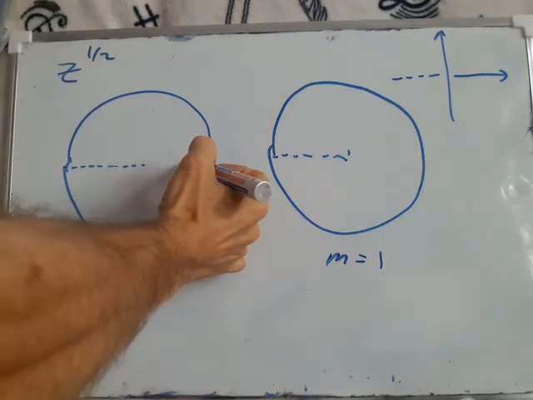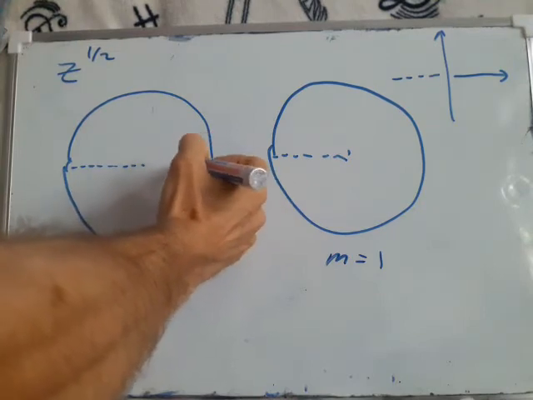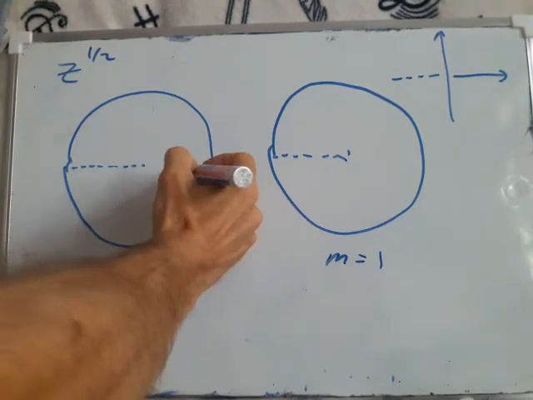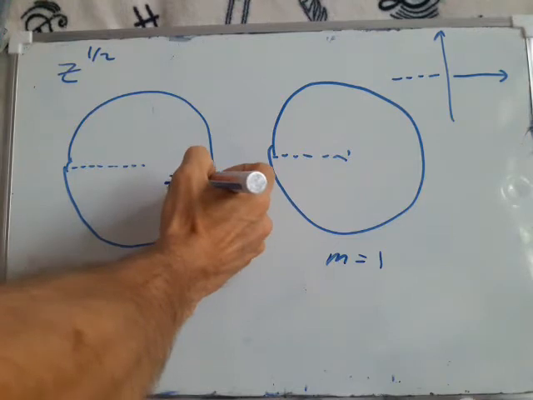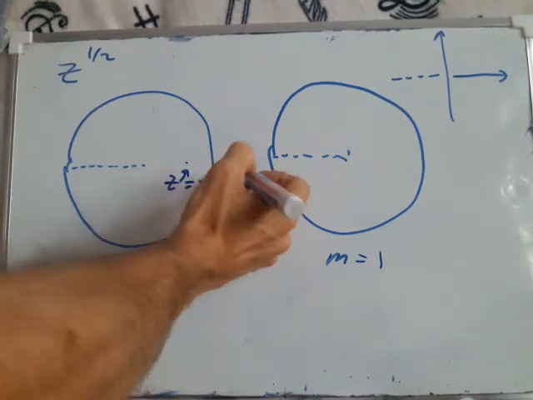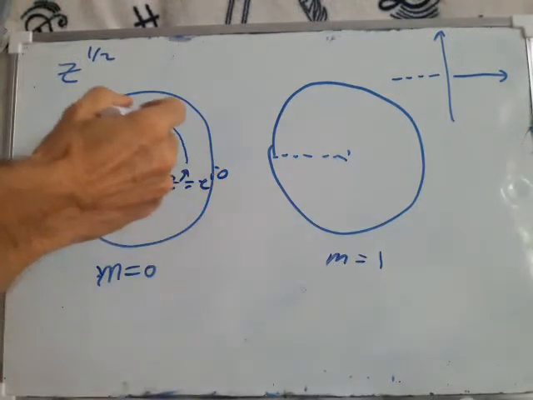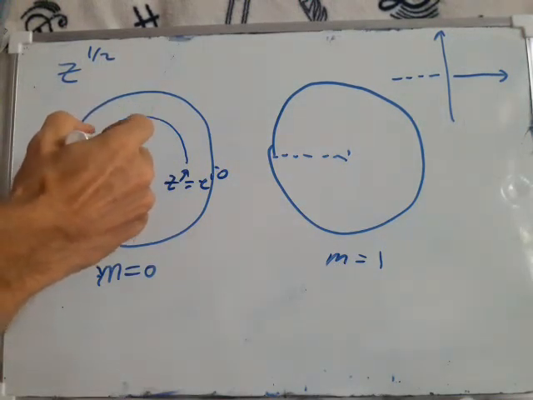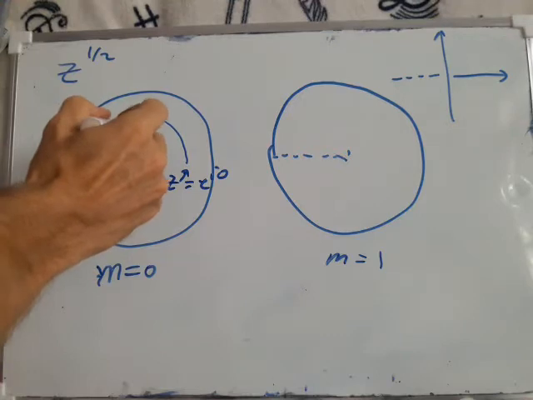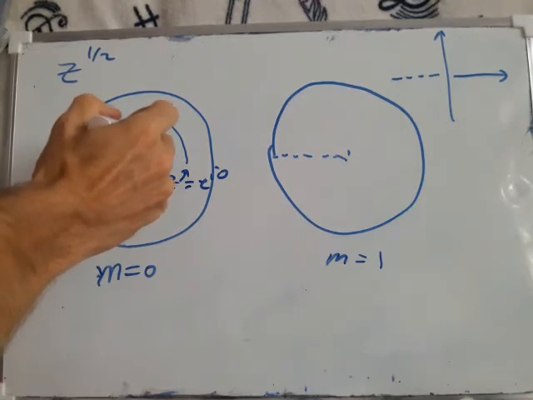So suppose you start off with z here. I'll just say at this point z is equal to e to the i 0, just to keep things simple. Then as theta increases, I move around here and at this point z is e to the i pi.